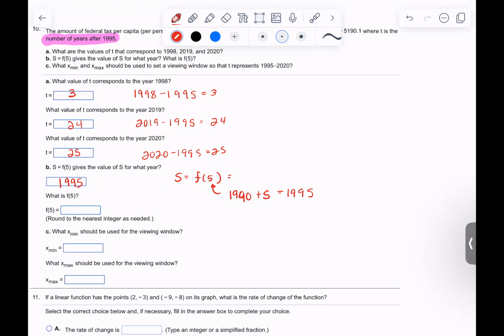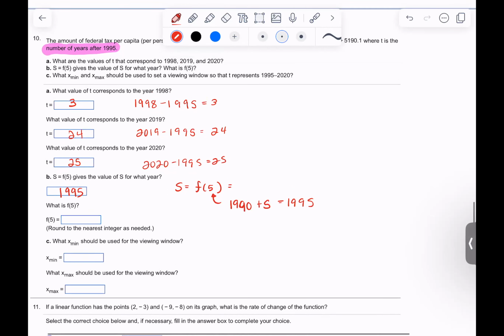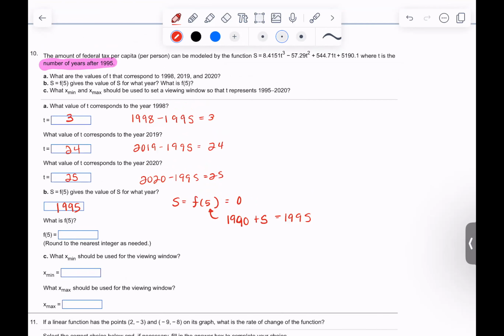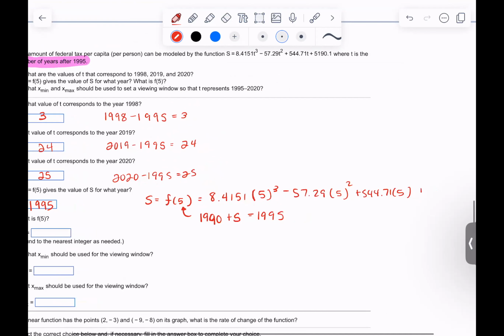And so what is f of 5? F of 5 would be, let's plug and chug. It'd be 8.4151 times 5 cubed minus 57.29 times 5 squared plus 544.71 times 5 plus 5190.1.